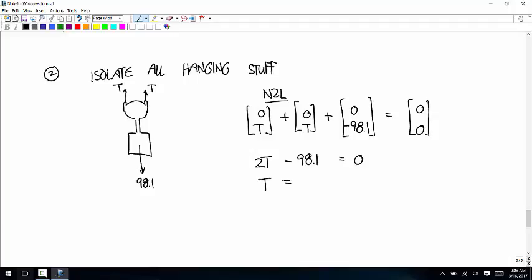And T, well, F and T are the same thing, is equal to 49.05 newtons. So with this system, it took half as much force to lift the mass. Awesome!